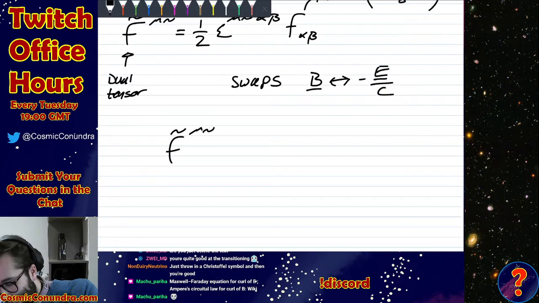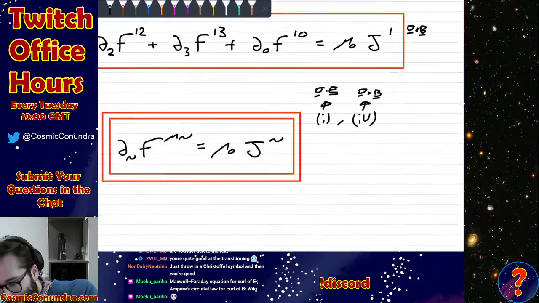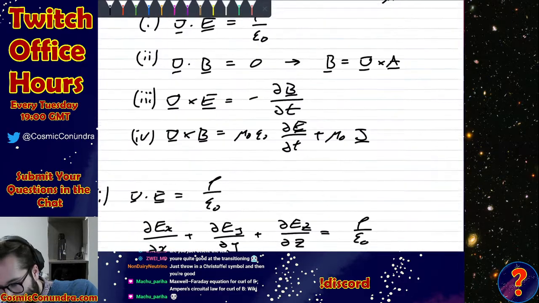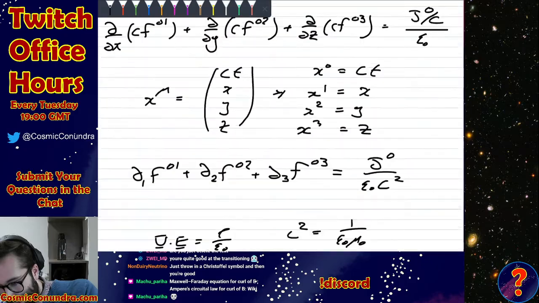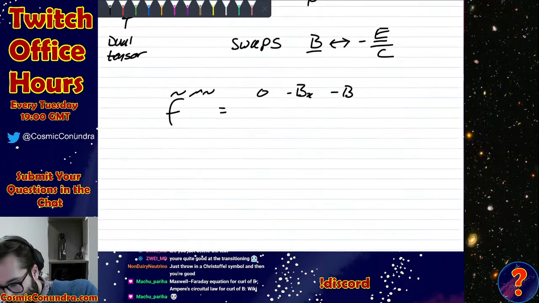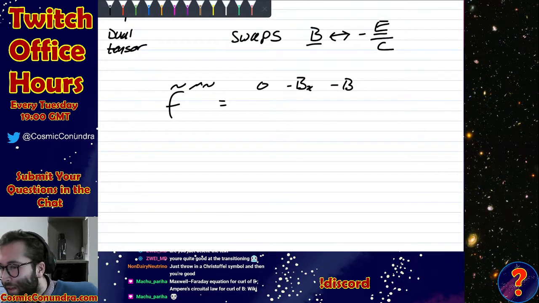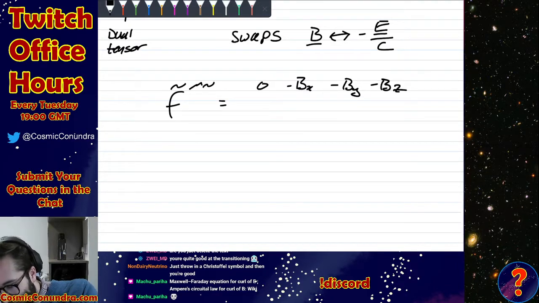So this tensor looks like it's got a 0, then minus Bx, minus By, minus Bz, and then the antisymmetric corresponding parts.